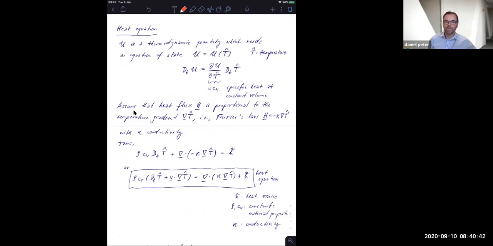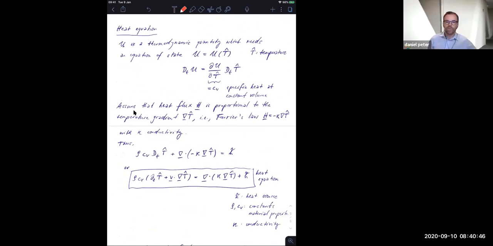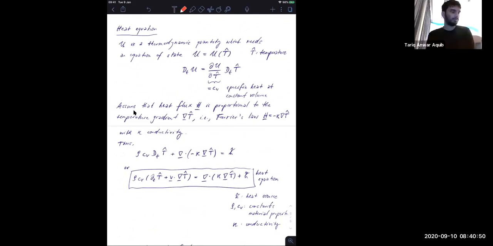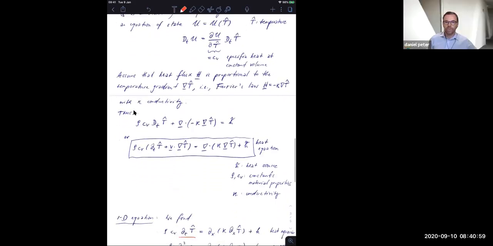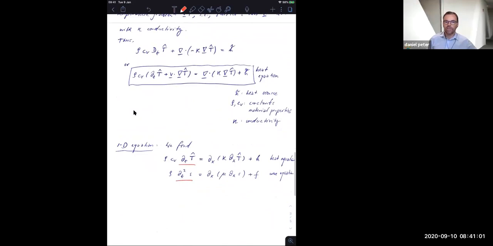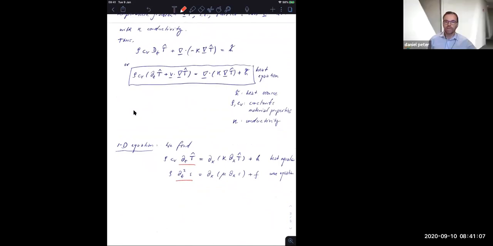So this one we can solve for the temperature field T, and think of the temperature field T as being a function of position and time. So if we write down the heat equation in 1D, that's basically the 1D heat diffusion equation, if you want.